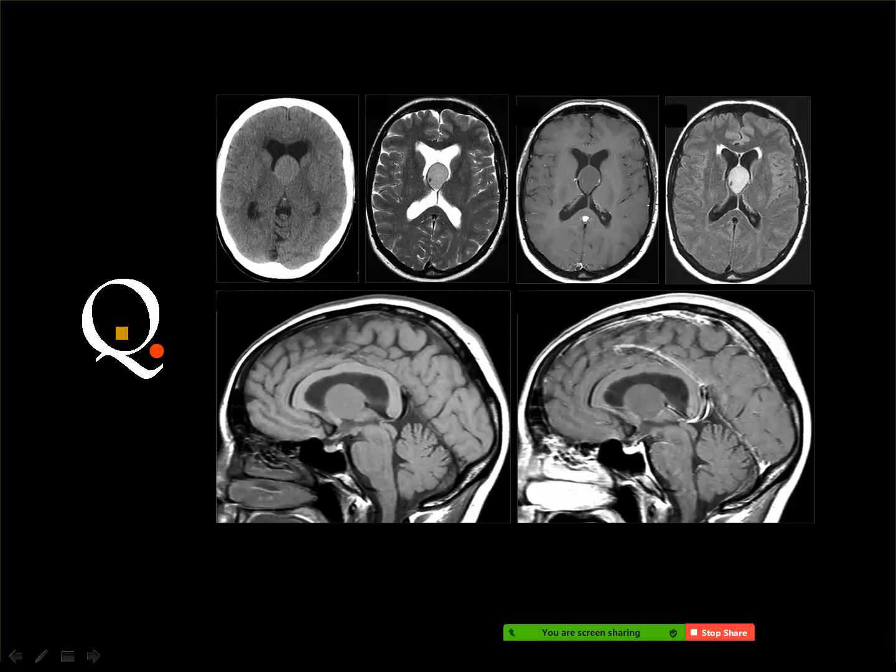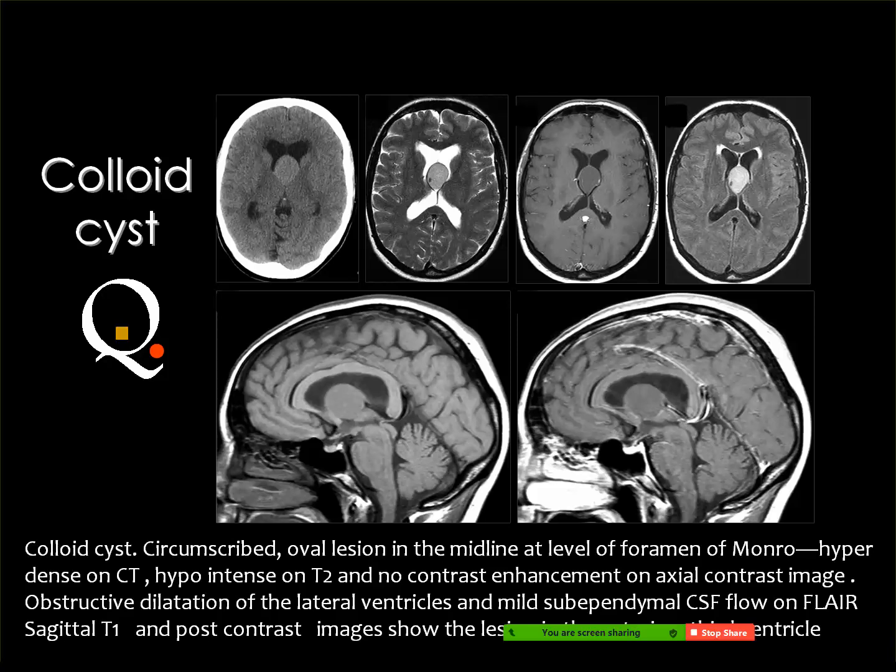Then the second case, colloid cyst. Yes, and this is the typical appearance of a colloid cyst, which is considered an intraventricular lesion, and it shows characteristic CT density and no characteristic MRI finding, since it can appear of low signal in T1 and T2, or can be of bright signal in both sequences, and there are variables depending on the content of the colloid cyst.